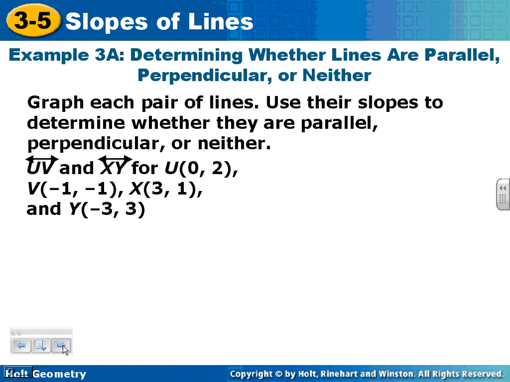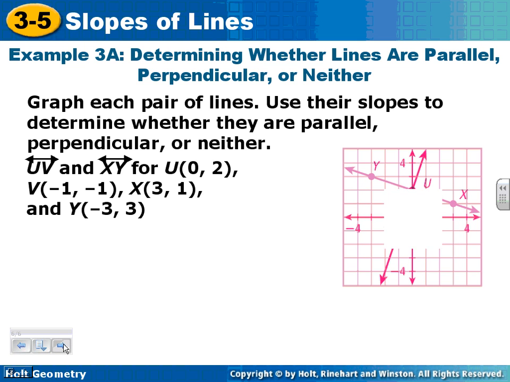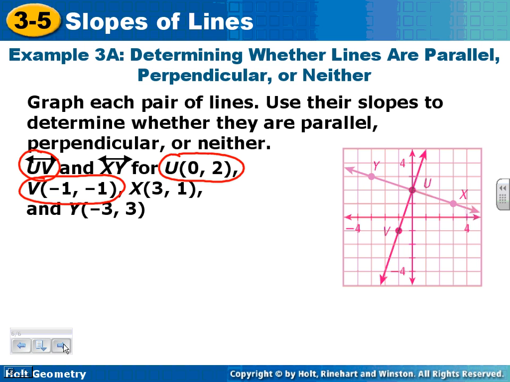Last slide. Graph each pair of lines. Use their slopes to determine whether they are parallel, perpendicular, or neither. Well, let's find the slope of UV. And for UV, I'm going to use that point and that point.